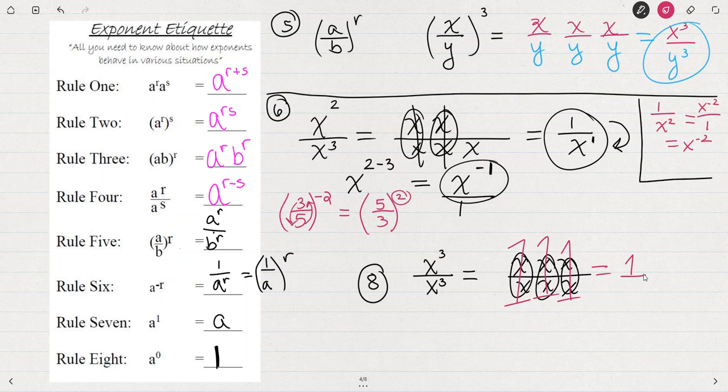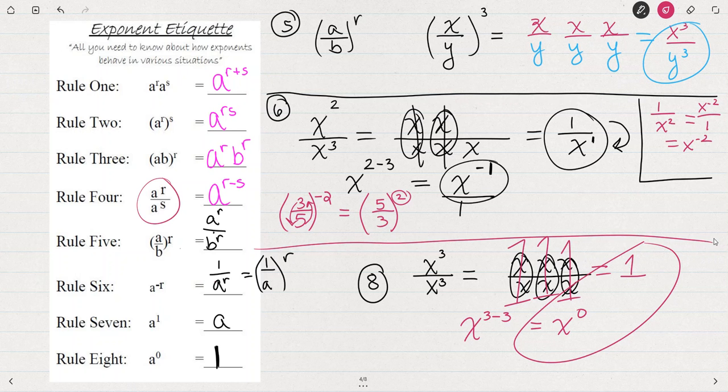So that's just a big 1. But if I did the subtraction, so if I applied Rule 4, the quotient rule, I'd have x to the 3 minus 3, which is 0, and do you see x to the 0 equals 1. It's one of the many things I just love about mathematics, that we don't have to memorize a bunch of exceptions. We can use one rule to discover other rules, and they bounce off of each other so nicely.